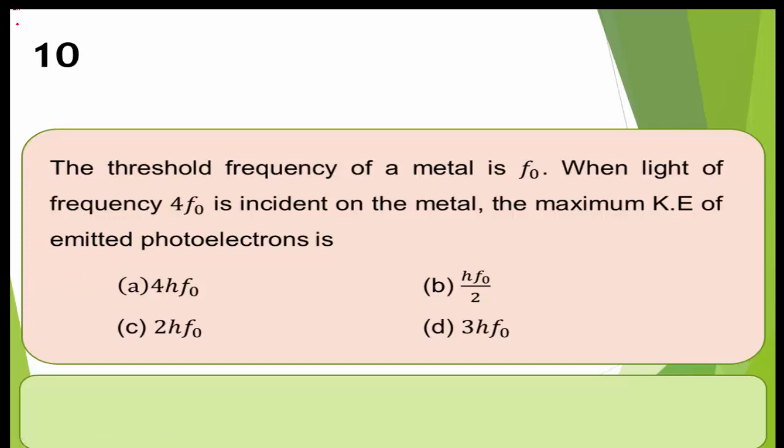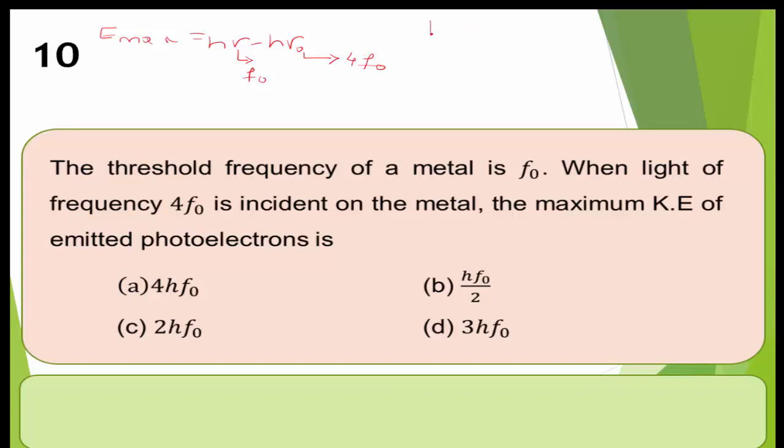Again, using the Einstein equation, here E maximum is equal to h nu minus h nu naught. Here h nu is the energy of photon, that is 4 F0, and nu naught is the threshold frequency, that is F0.